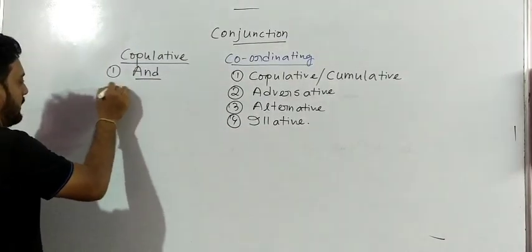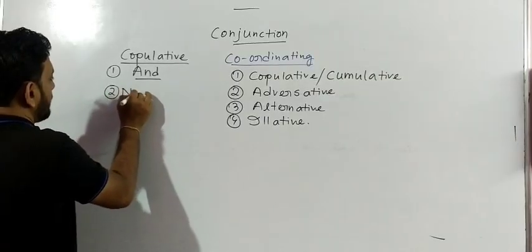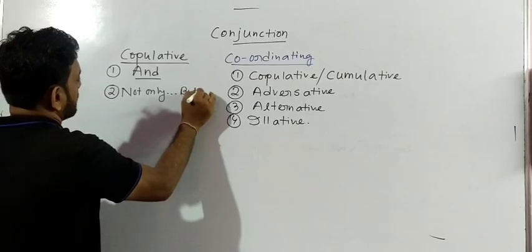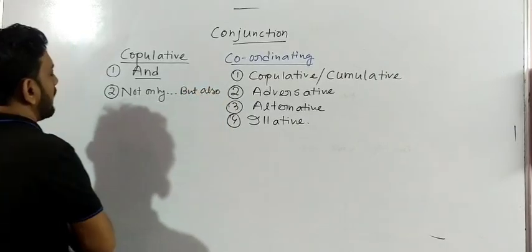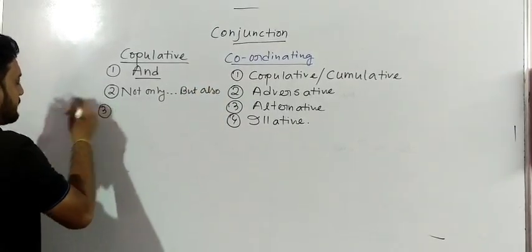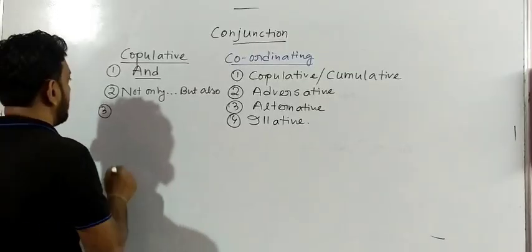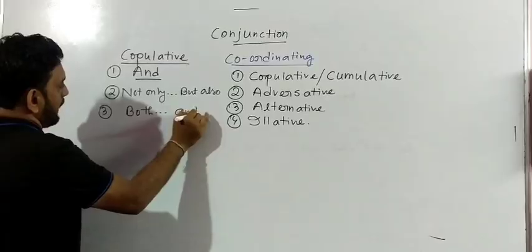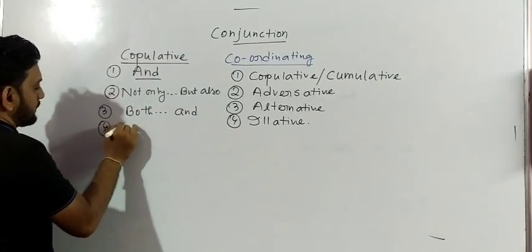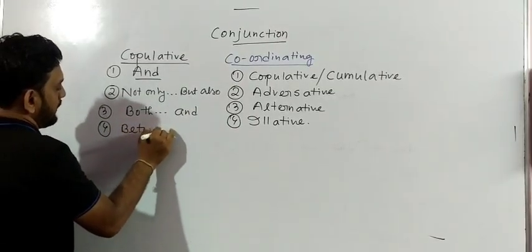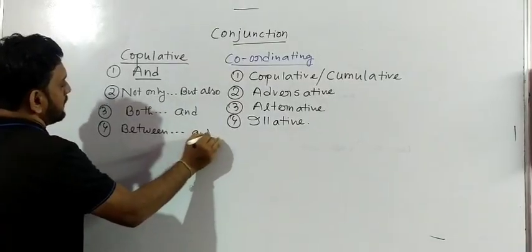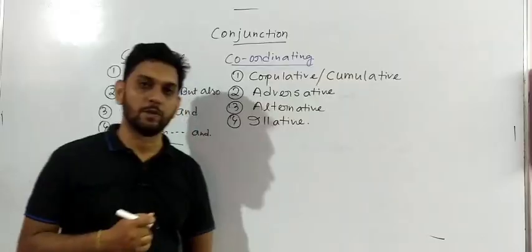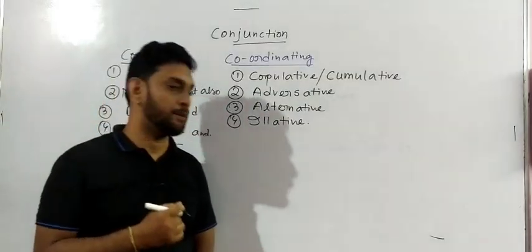Second one is, my friend, not only but also. Third one is both and. And fourth one is between and. All these are known as copulative or cumulative conjunctions. Got my point? These lessons are very important.